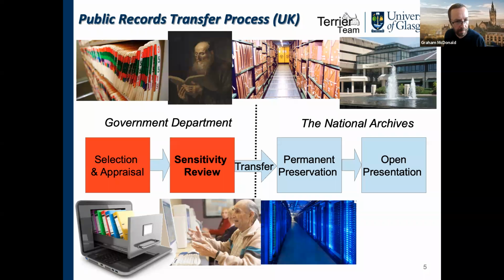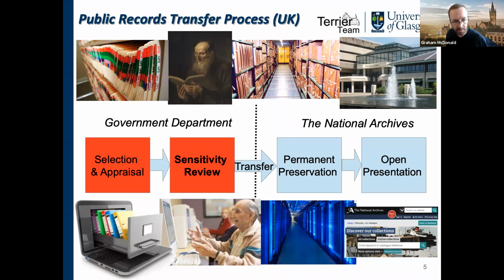Now, when we preserve the information, it is just bits stored in servers. It can be much more easily organized. You can obviously index all this information, and you can easily create search engines, which enables users to come to the National Archives website and just search these records.